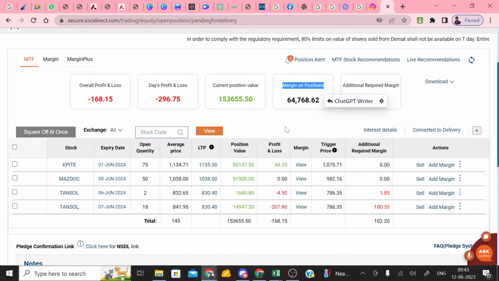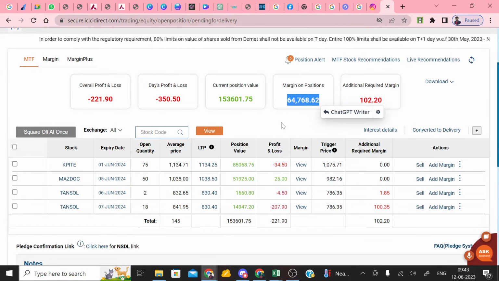I asked the broker to pay the loan amount to me. The broker paid 64,000 margin to me, and then I purchased the securities, and those securities would be my positions.